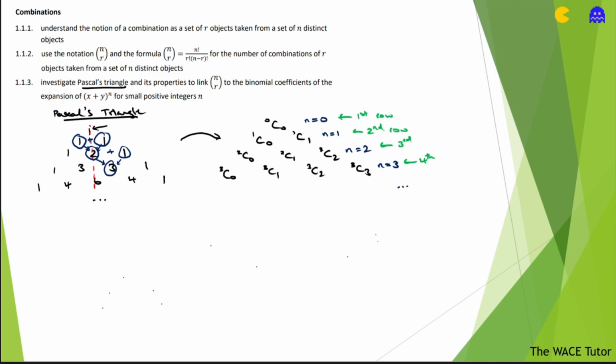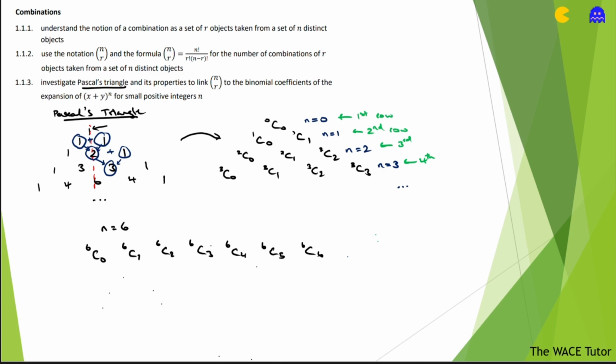So, let's say we want to figure out the n equals 6 row. That'll be 6 choose 0, 6 choose 1, 6 choose 2, 6 choose 3, 6 choose 4, 6 choose 5, and 6 choose 6. Okay?